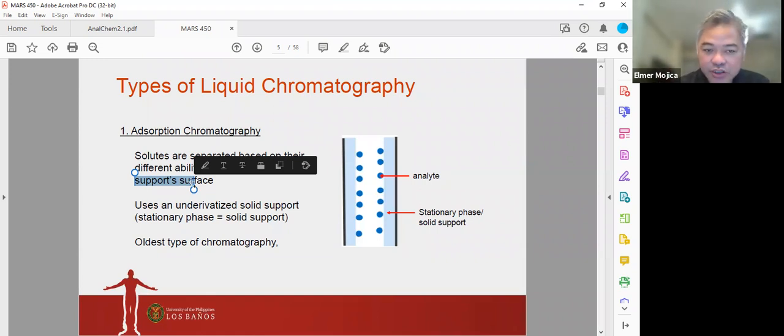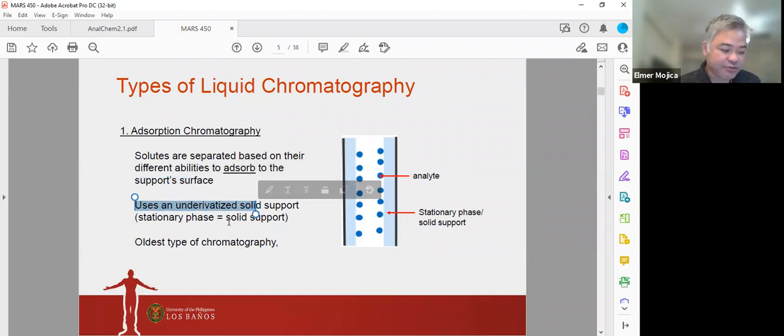In adsorption chromatography, we use an underivatized solid support. This is the oldest type of chromatography. This is what Tswett did when he discovered these chromatographic methods. It's the adsorption type of chromatography.